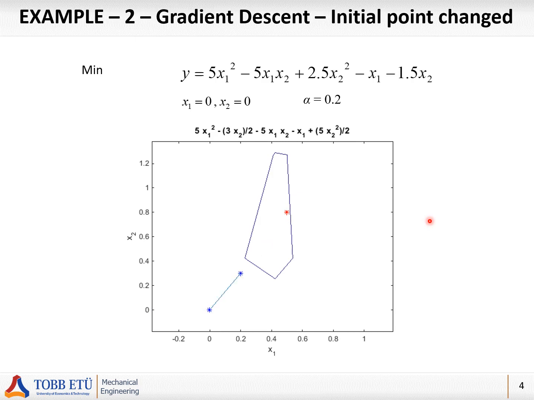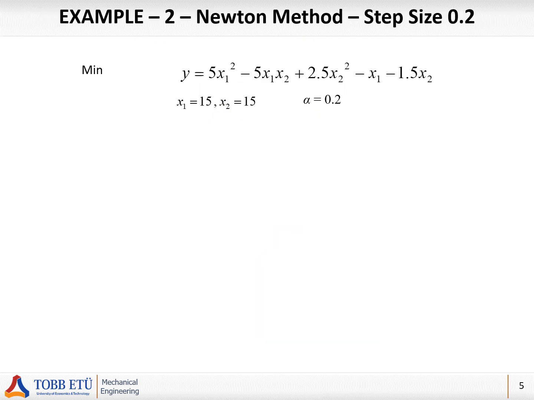In this case, you can see a 0.2 step size was okay, and it reached the minimum point in 6 iterations. So you can see the importance of initial points as well as the step size for gradient descent in this problem.